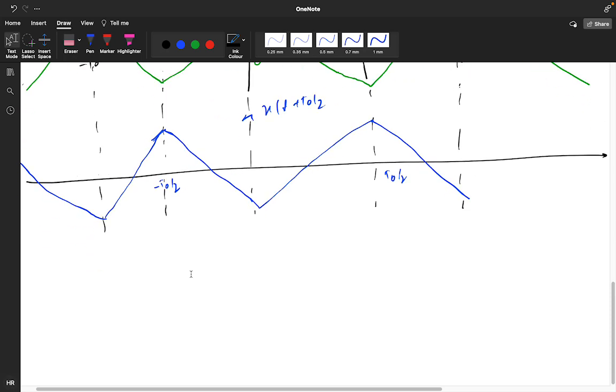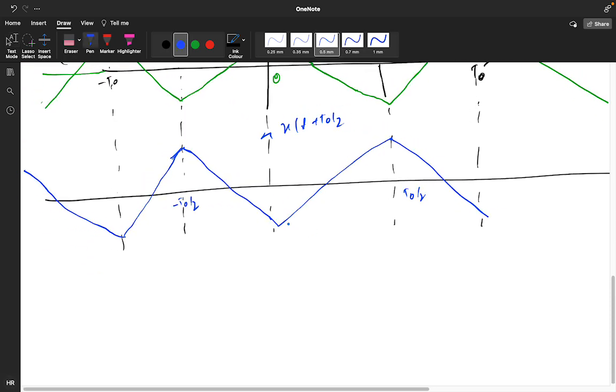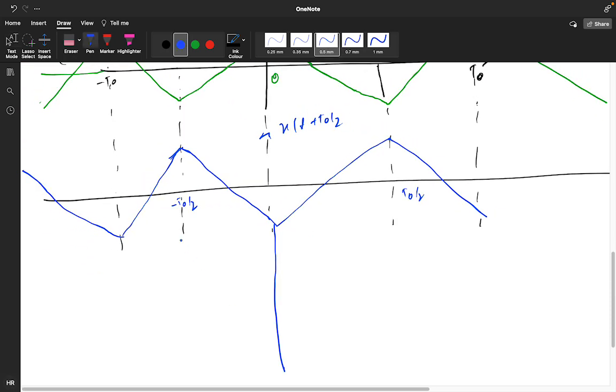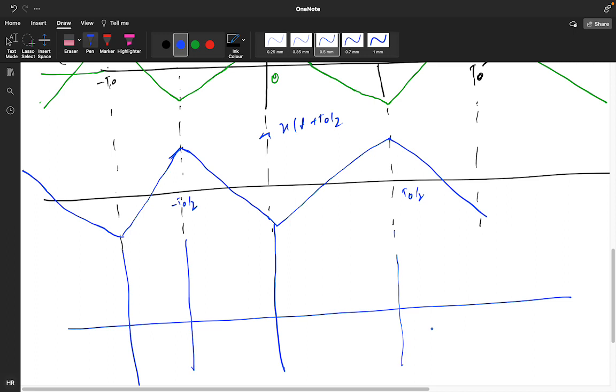Now what is the next part? You have to flip the curve. If you flip the curve, this part will go upside and this part will come downside, like this.